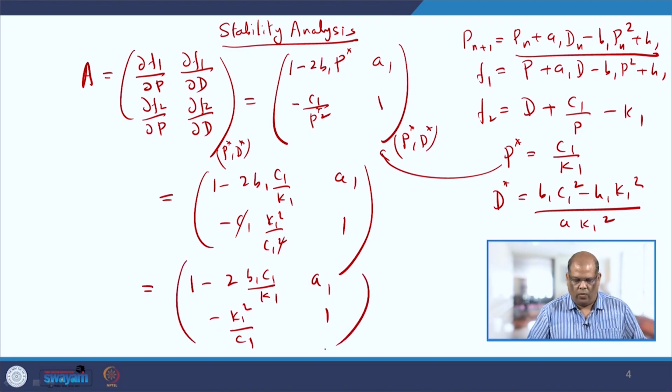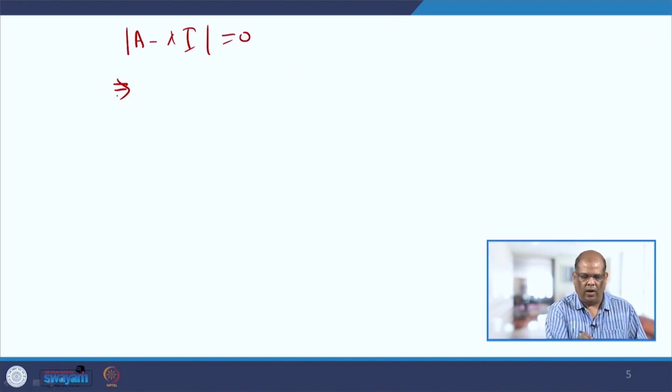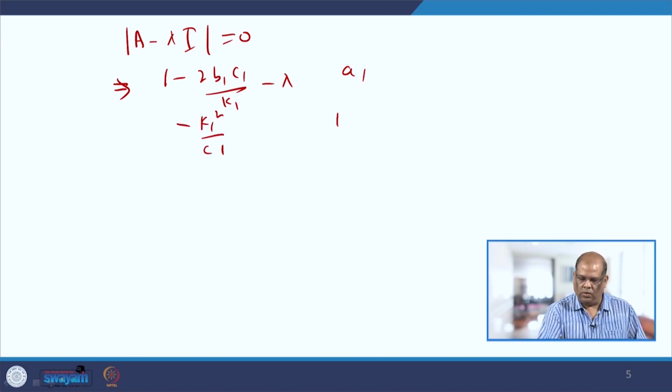Next we have to calculate the eigenvalues, and for that we find the determinant of A minus lambda I equal to 0, where lambda is the eigenvalue. So it is 1 minus 2 b1 c1 by k1 minus lambda, a1, minus k1 square by c1, and 1 minus lambda.